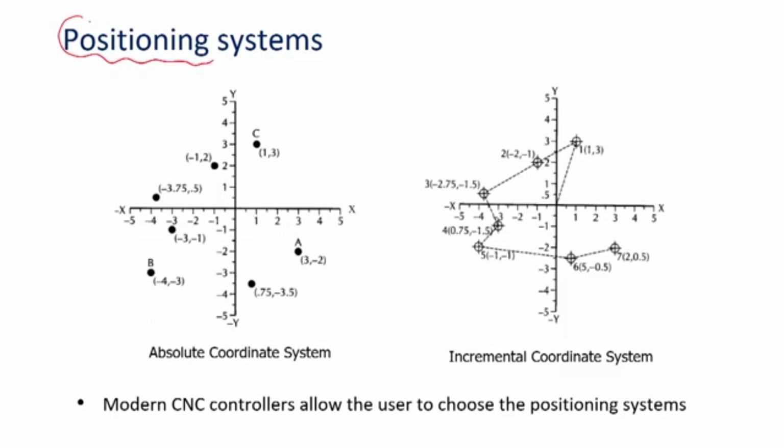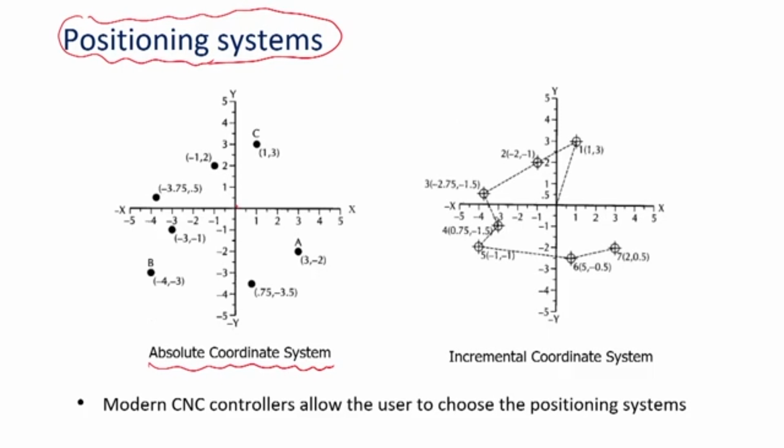You just notice the point A, the coordinate is 3 along x axis and -2 along the y axis. The C is having 1 and 3. So, this is 1 along x axis and 3 along y axis.